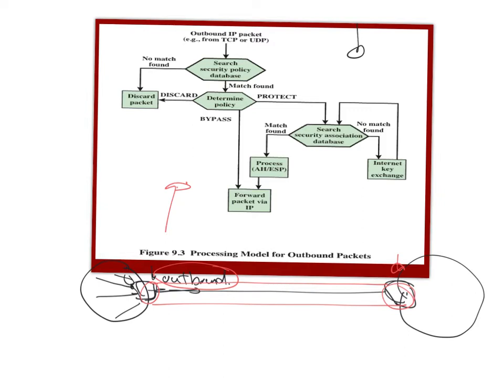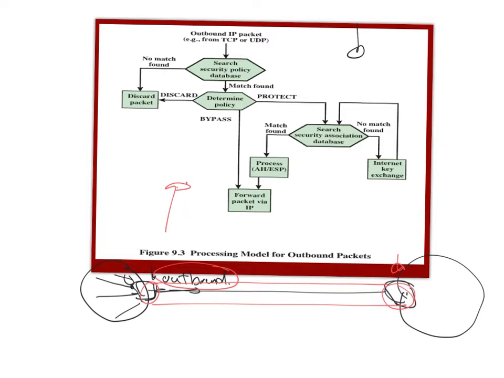But we might have traffic that does not have any match in the security policy database. If that ever happens, the default action is discard. It's the function of the network analyst or security analyst to specify these rules in such a way that any traffic has a rule. Otherwise, the default is discard.